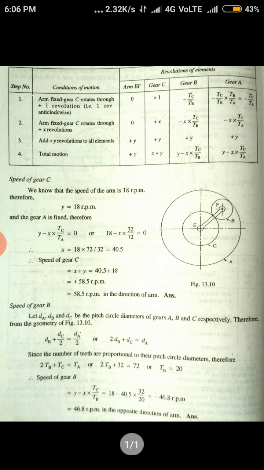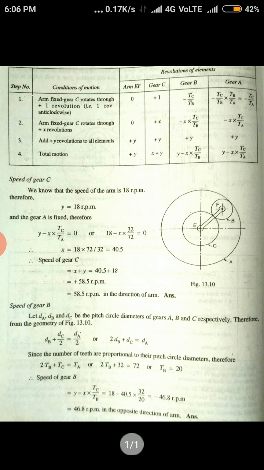As you know, the radius is directly proportional to the teeth, so you replace R by T. So you can write the equation: TA equals TC plus 2 times TB.